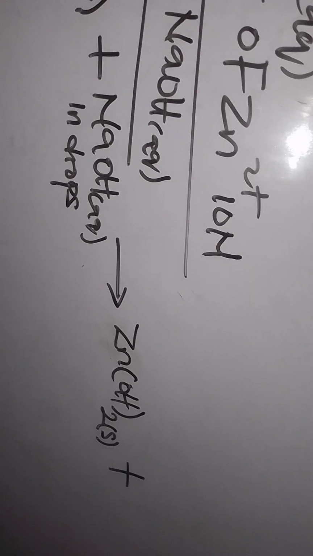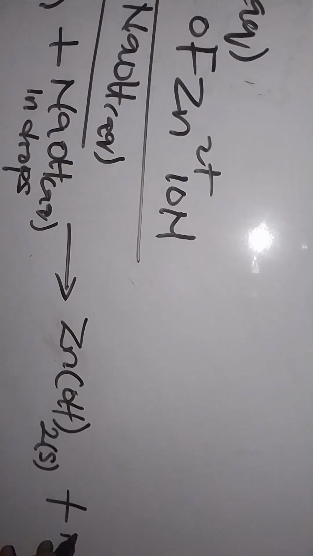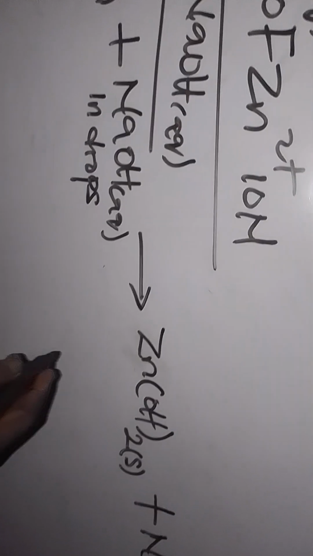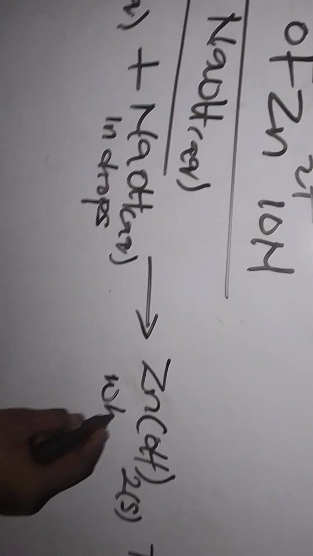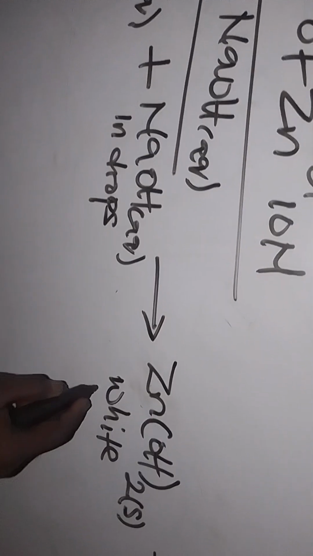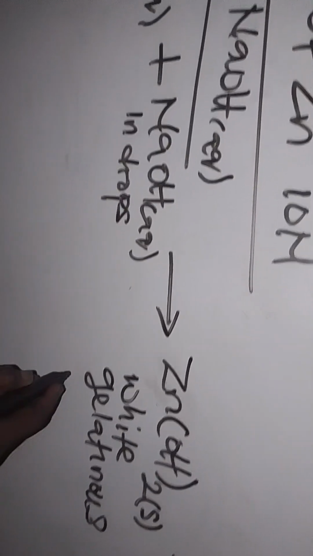We use solid when the product formed cannot dissolve, is insoluble in water. Then we are going to have sodium chloride in addition to that, which is a soluble salt. Now, this is going to give us white gelatinous precipitate.